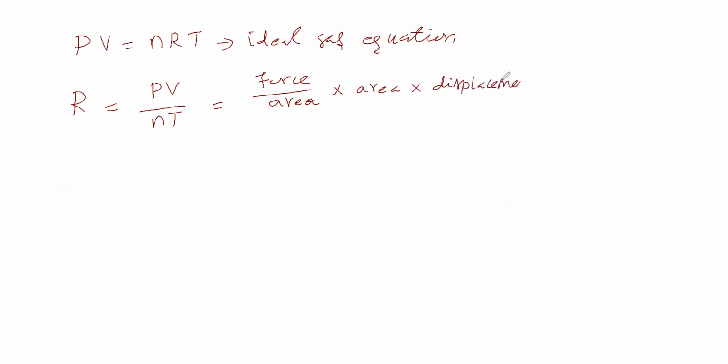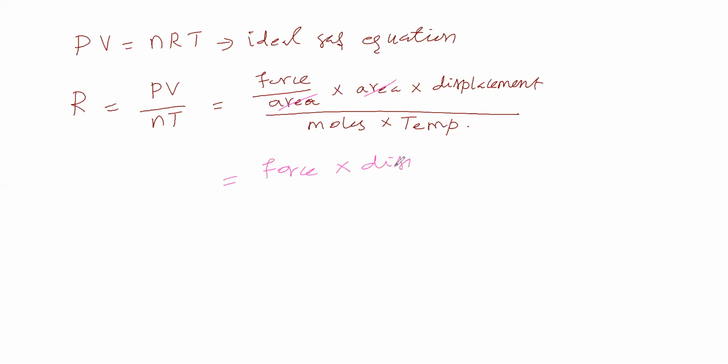Area into displacement, like this we will take. So N is the number of moles, T is temperature. Now what is getting cancelled? You see, common terms cancel. Then take the remaining terms. In the numerator, force and displacement are there. In the denominator, moles into temperature.